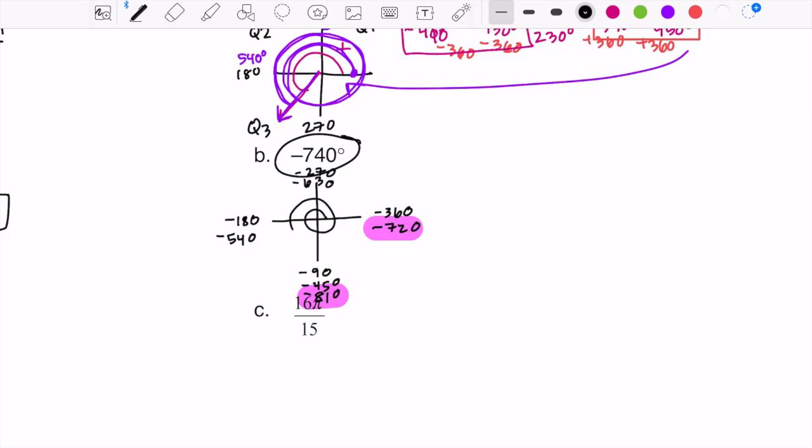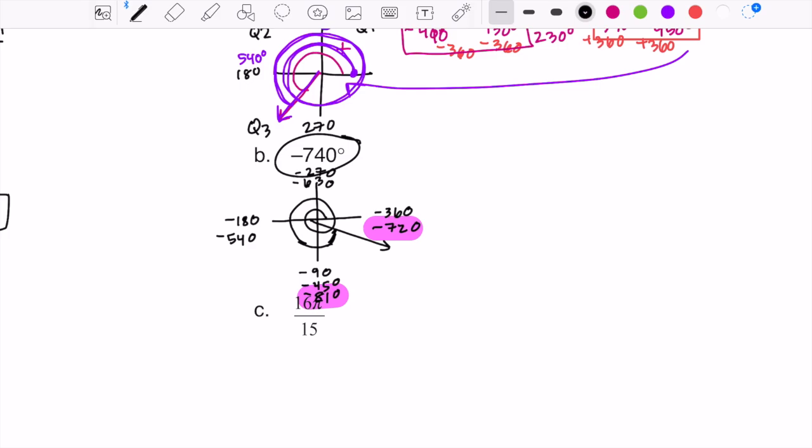And it's going to come all the way back till I get in between here. So is -740 closer to -720 or negative 810? It's going to be closer to negative 720. It's only 20 degrees away. So that's where that angle is right there.